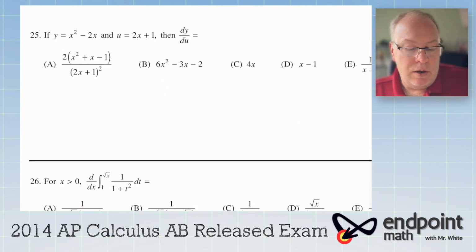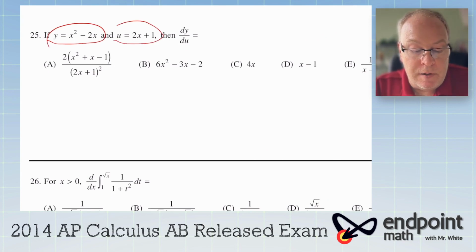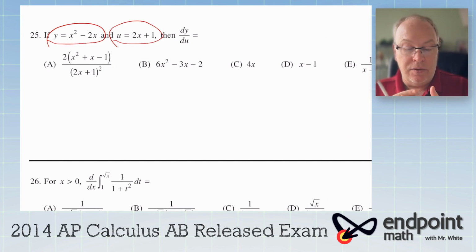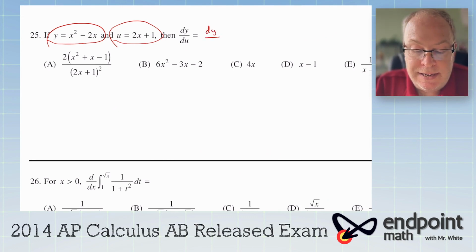All right, so here we have a function y according to x, and then a function u according to x, and they want you to relate those two, dy to du. So this is going to be dy dx times dx over du.